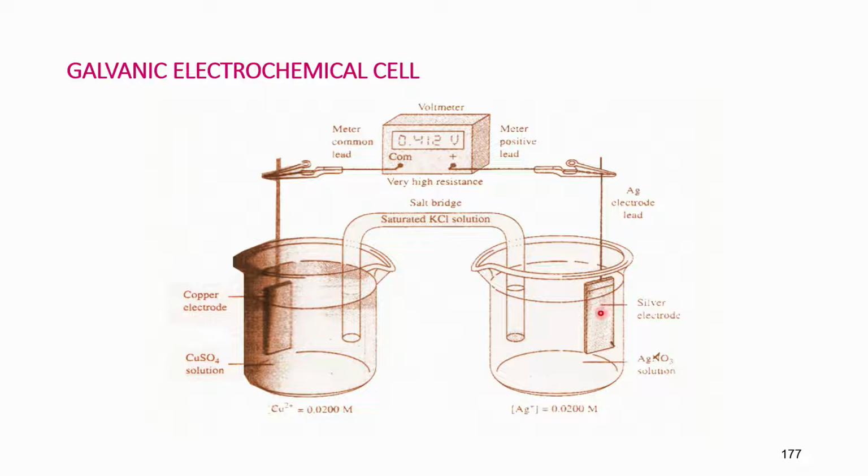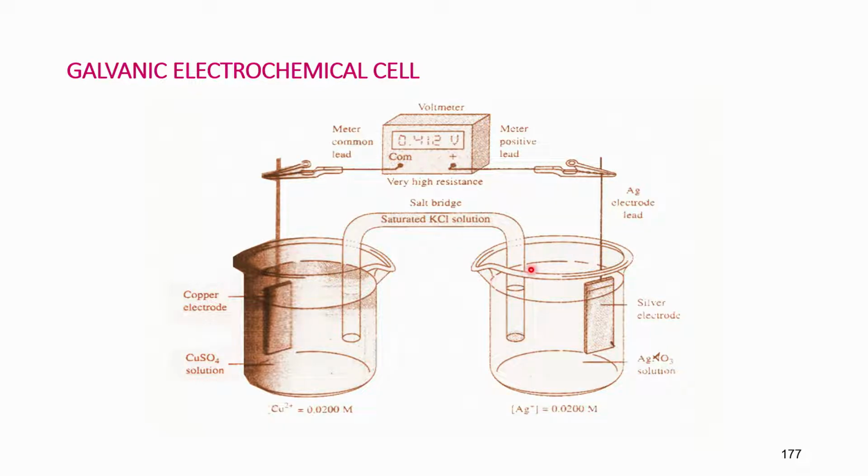Here I have a silver electrode connected with a conducting wire, that could be copper or aluminum, mostly copper, and it is connected to a voltmeter. This is where we measure voltage, and both these beakers are connected with a saturated solution of KCl mixed with some sort of gum, that is gelatin.